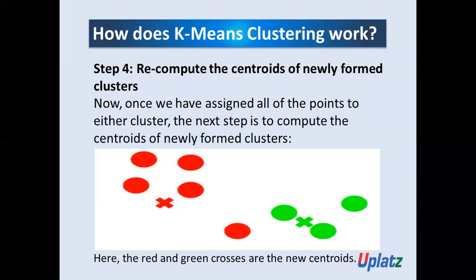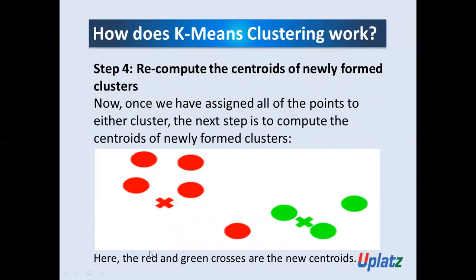Once we have assigned all of the points to either cluster, the next step is to compute the centroid of a newly formed cluster. It looks like this is one cluster, this is a second cluster.